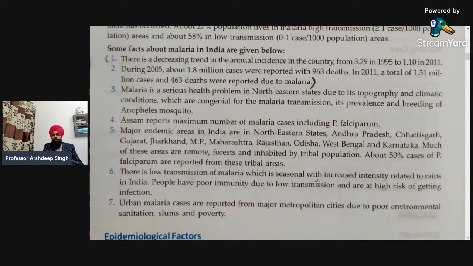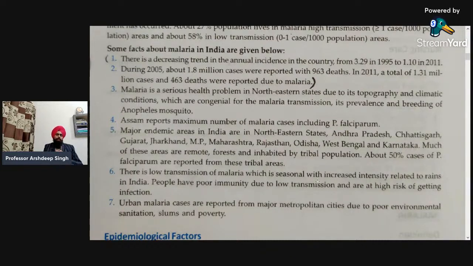Next, malaria is a serious health problem in northeastern states due to their topography and climatic conditions, which are congenial for malaria transmission and the breeding of the Anopheles mosquito. So why is India affected by malaria as a whole?